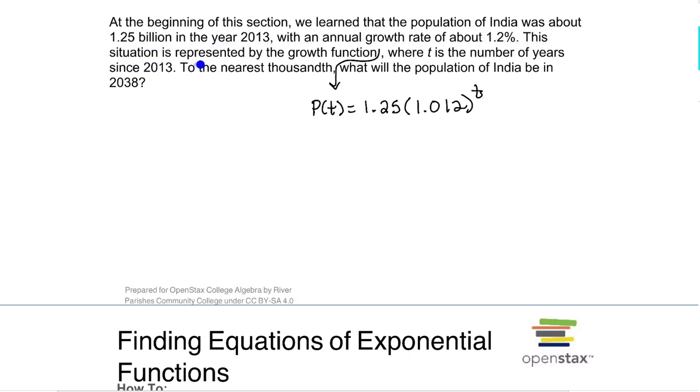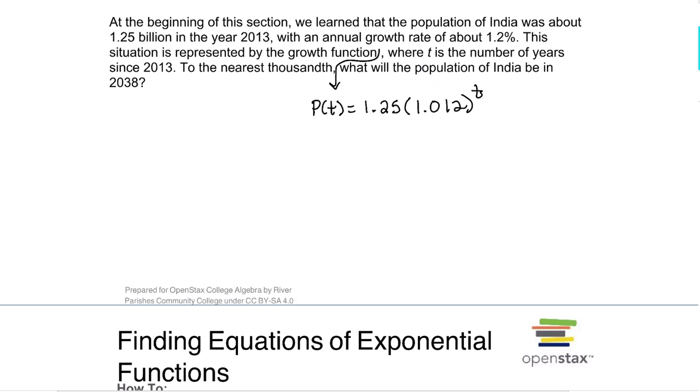This situation is represented by a growth function, 1.25 times 1.012 carried to the t, where t is the number of years since 2013. To the nearest thousandths, what will the population of India be in 2038?